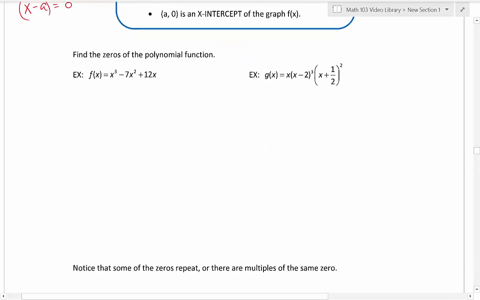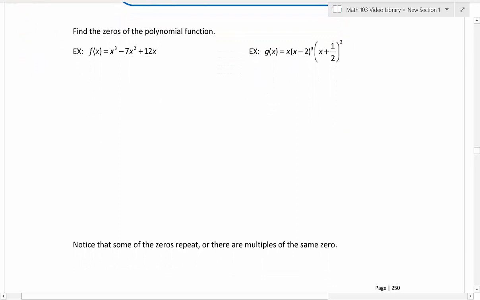Let's find the zeros of the following polynomial functions. First up is f of x equals x to the third minus 7x squared plus 12x. To find the 0, we're going to set it equal to 0 and solve.